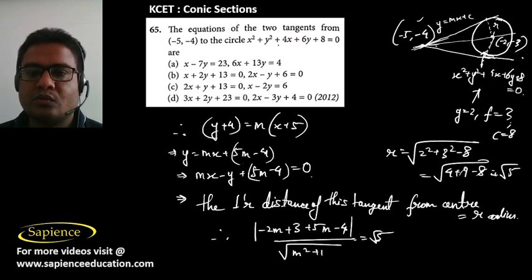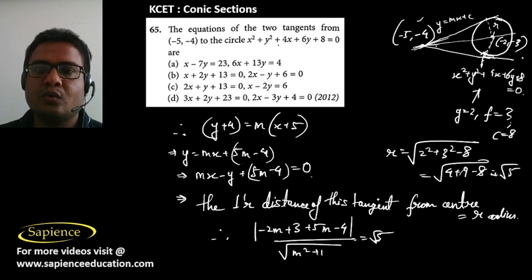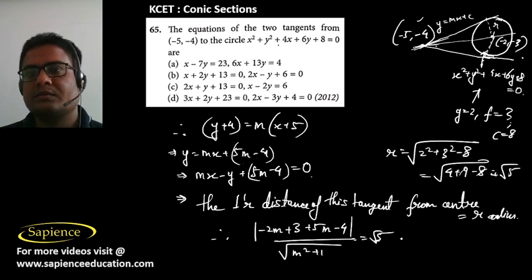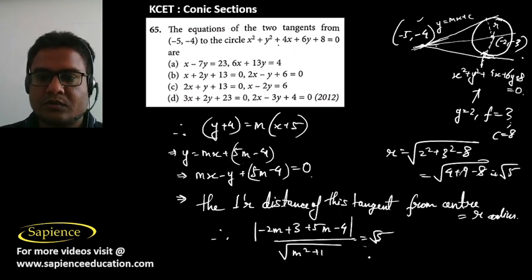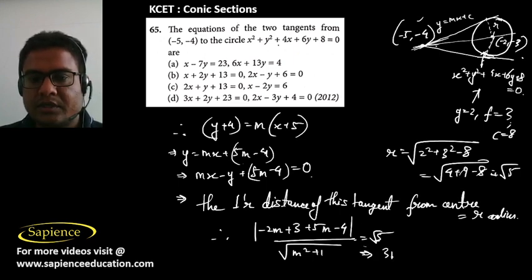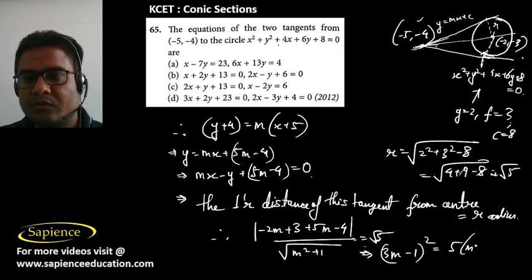Then if we square both sides, we will get two values of the slope. So we have 3m minus 1 whole squared equal to 5 into m squared plus 1. Therefore 9m squared plus 1 minus 6m equals 5m squared plus 5.